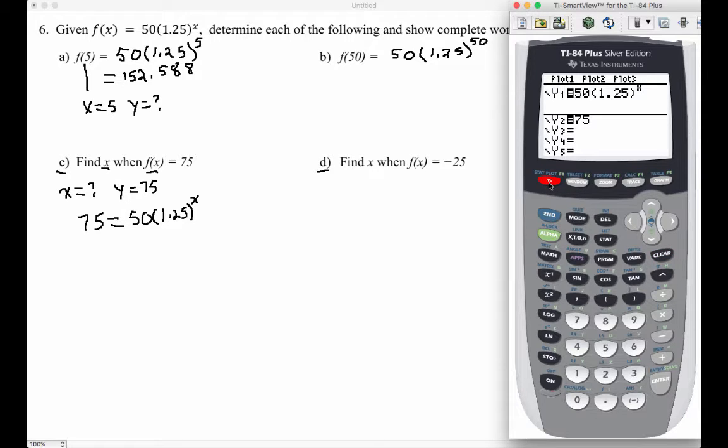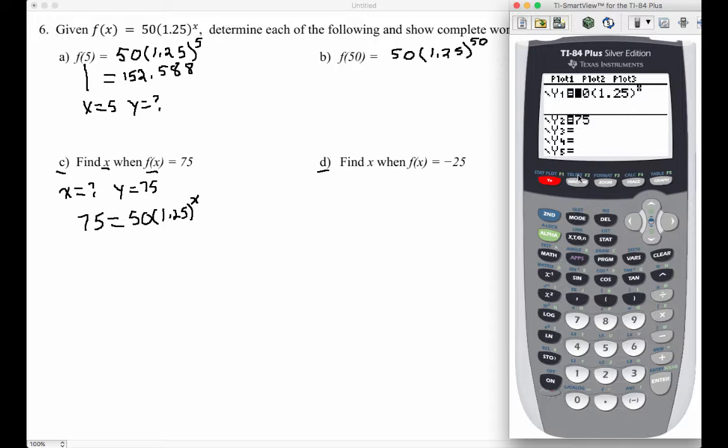So I've put the 50 times 1.25 raised to the x into y1, and I put the 75 into y2.